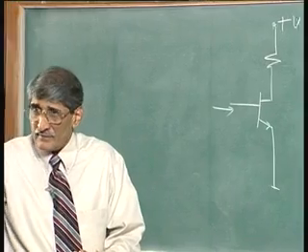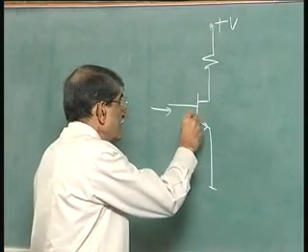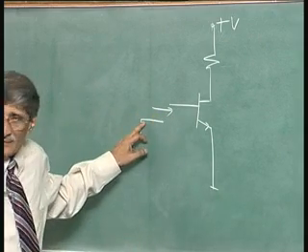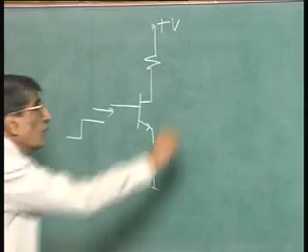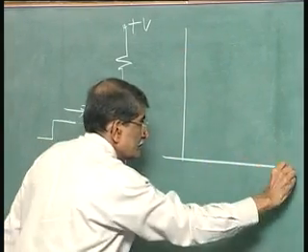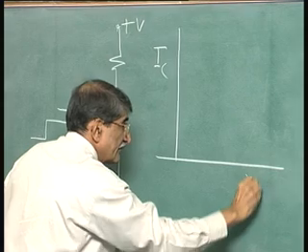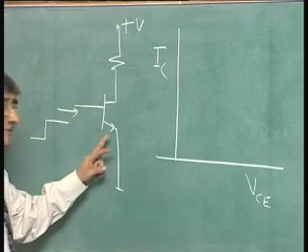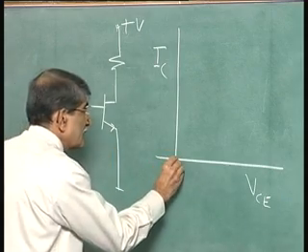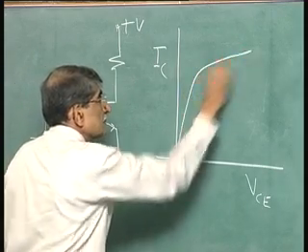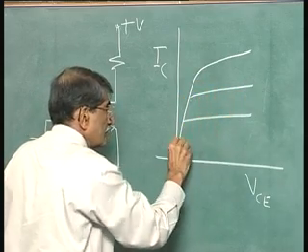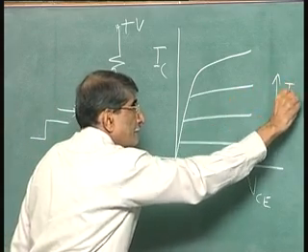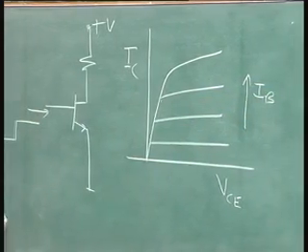I am not showing the biasing circuitry, etc. When the input goes from 0 to 1, what way does it go? Take IC versus VCE, just to recapitulate your memory on the bipolar transistor used as a switch. I have the characteristics which go like that with different IB.